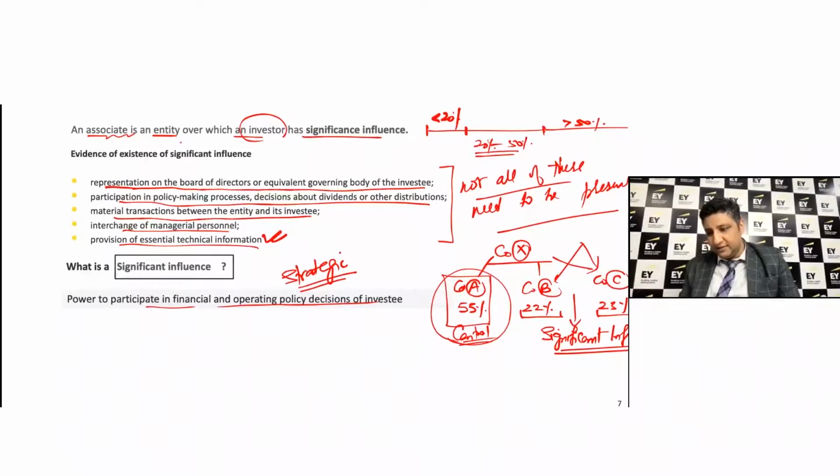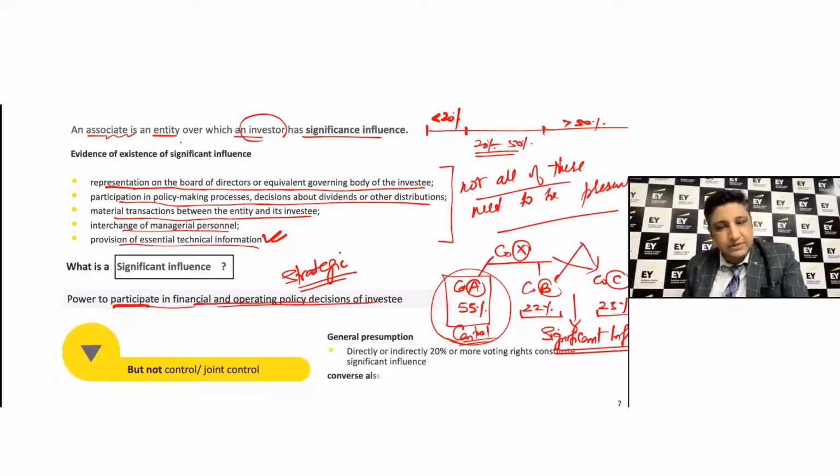The new decision making from an operations perspective, creation of a new business vertical, selling off or disposal of a business. They're all examples of strategic decisions. So somebody who's participating in those policies and is able to have a say on the decision making, not necessarily control, is going to be an example of significant influence.